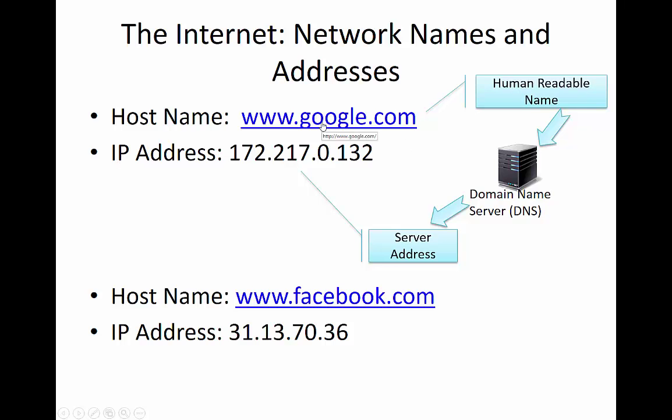So if I go to Google.com, its actual address gets translated from a human readable name, Google.com, by what's called a domain name server into a server address, 172.217.0.132.